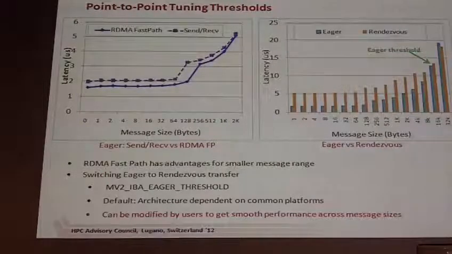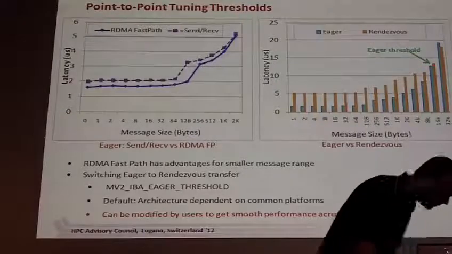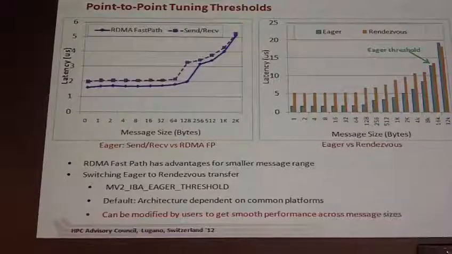But let's say the eager protocol goes up to a certain message size, and after that rendezvous, because rendezvous has some overhead, whereas with the eager protocol we are trying to copy and send. So as the message size increases, this copy overhead starts increasing. This is what you can see, the blue line increases, and on this platform, after 16K, rendezvous is doing better. This eager-rendezvous split is very common to any MPI stack.